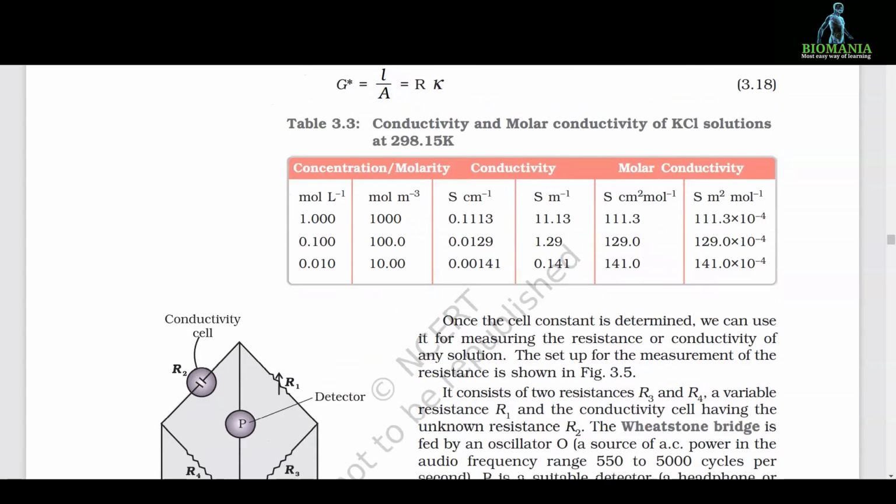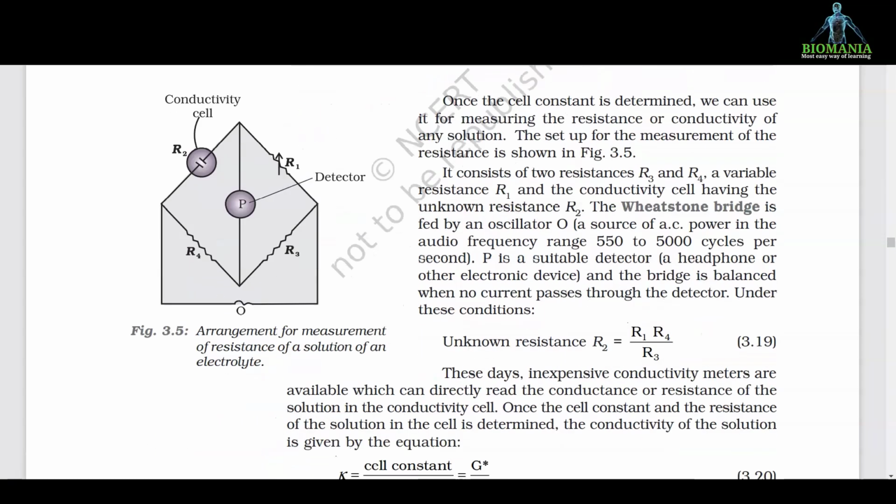Here you can see the conductivity and the molar conductivity of KCl solution at 298.15 K. Once the cell constant is determined, we can use it for measuring the resistance or conductivity of any solution.